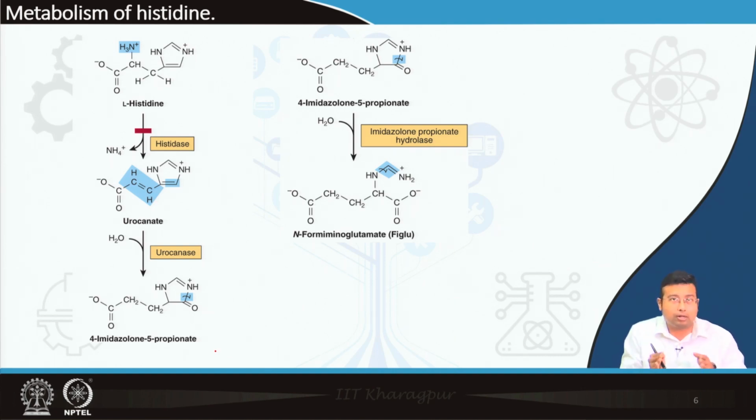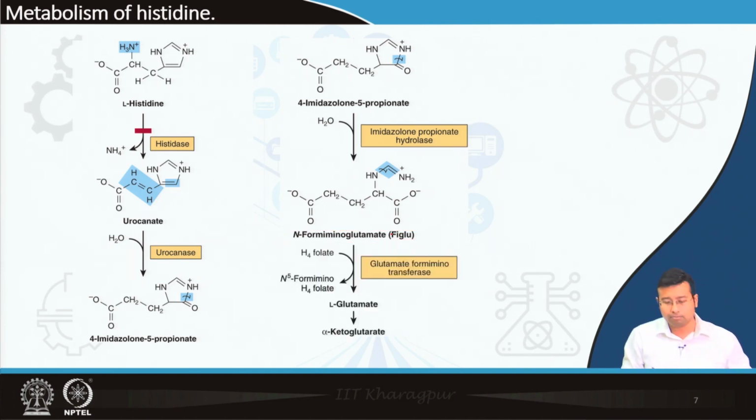Hydrolase, what does hydrolase do? They break down the molecule by incorporating a water molecule. On action of a hydrolase, it forms formiminoglutamate or N-formimino-glutamate, the most important intermediate of histidine metabolism, which is also abbreviated as FIGLU, F-I-G-L-U, formimino-glutamate.